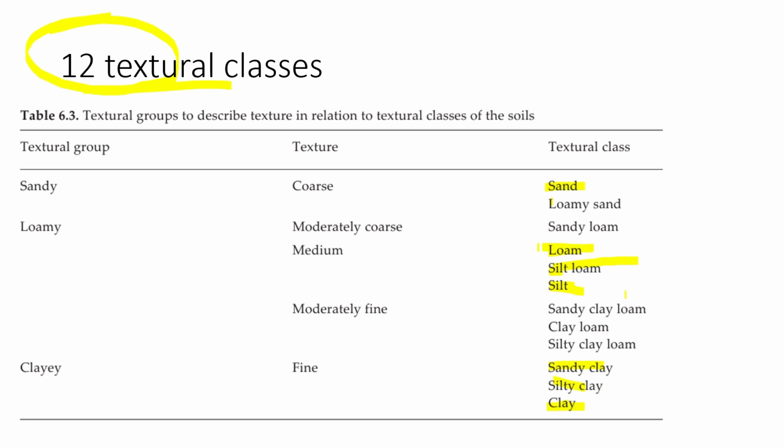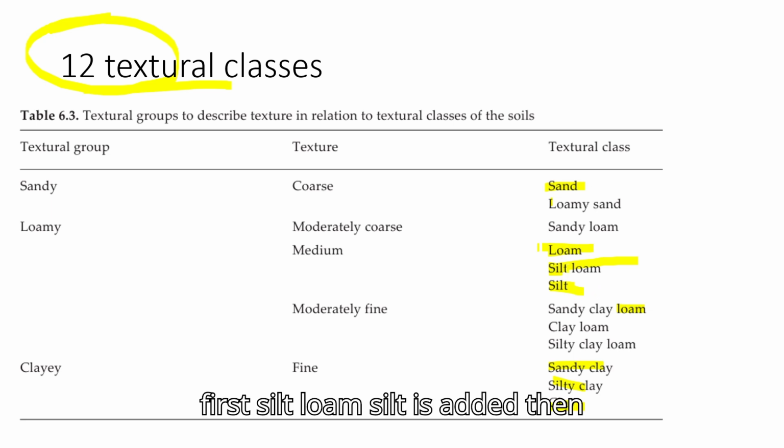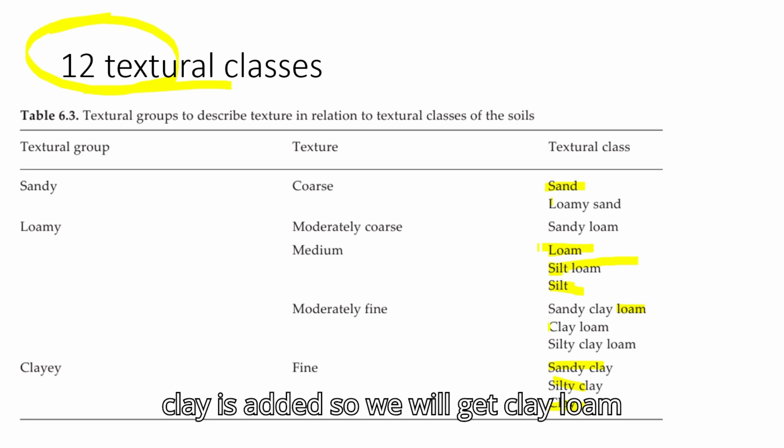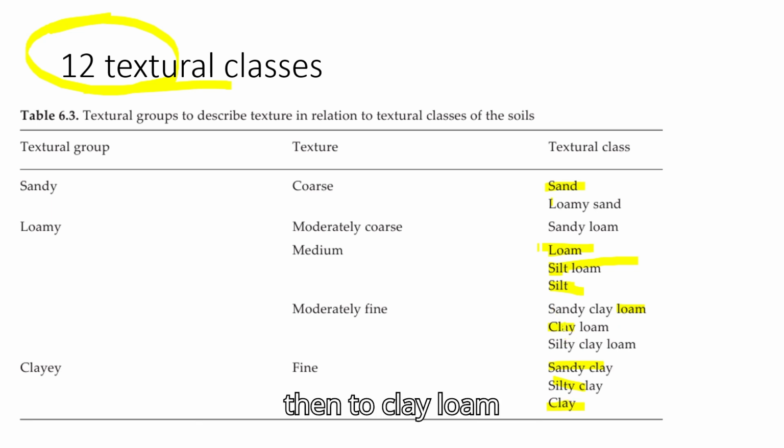And to loam, first we added silt, which gives silt loam. Then clay is added, so we will get clay loam. Then to clay loam, we add sandy and silty, so we will get sandy clay loam and silty clay loam. Then silt is separate. So a total of 12 textural classes are there.